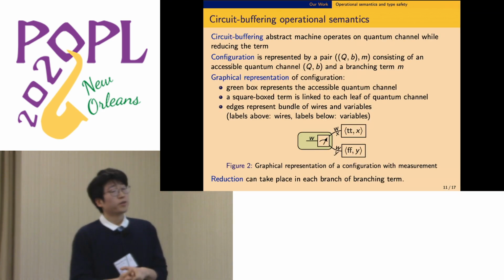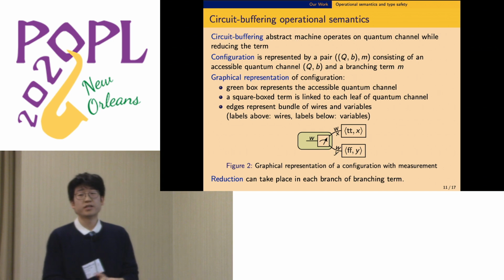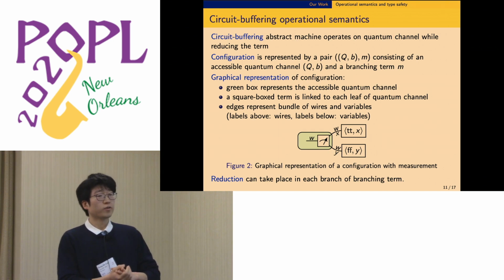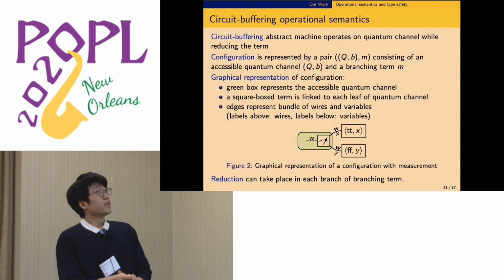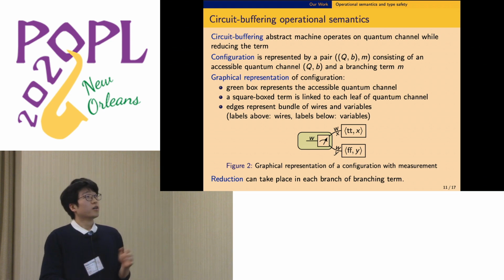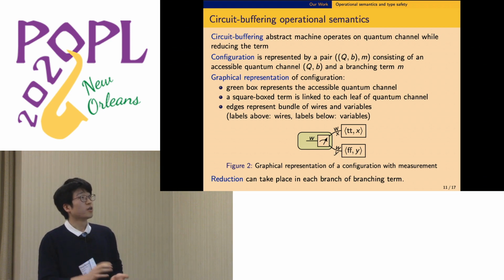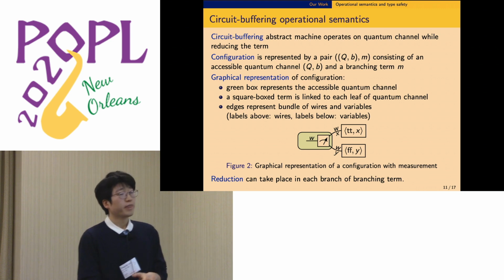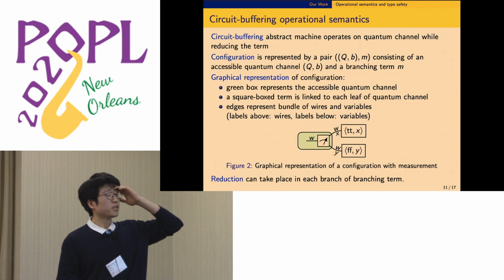Now we define the operational semantics. We have two operational semantics, one for the circuit buffering and one for QRAM-based. Circuit buffering is an abstract machine that creates a quantum channel while reducing the term. So the configuration becomes a pair of an accessible quantum channel and a term.